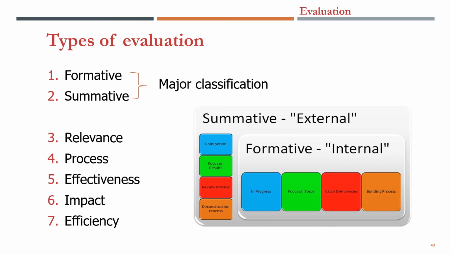Summative is more external, so it covers completion, focus on results, reviews, and deconstruction process, whereas formative is internal. It is in progress, with focus on steps and the building process.